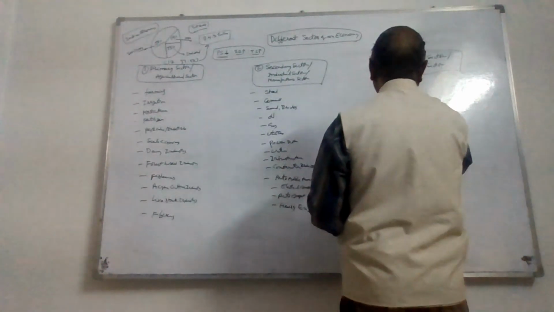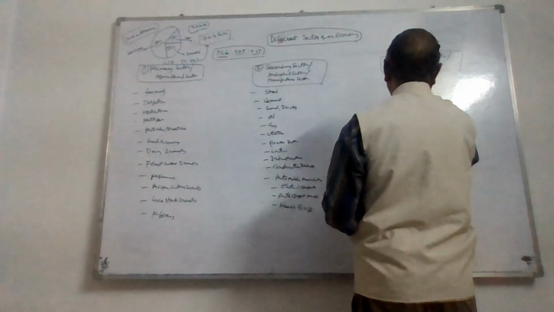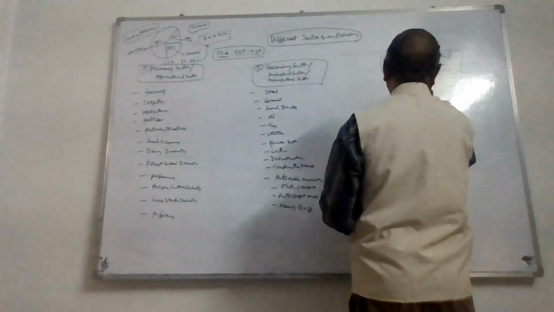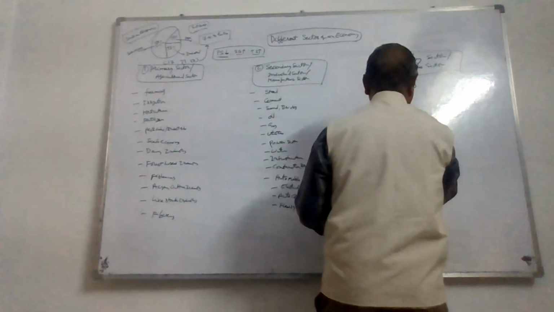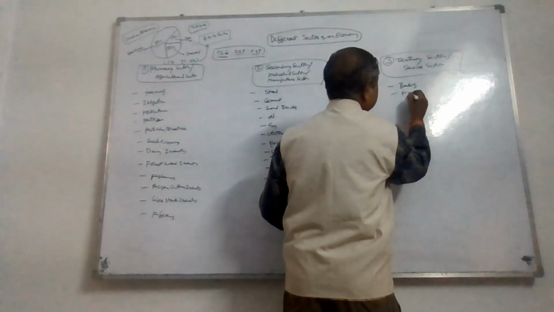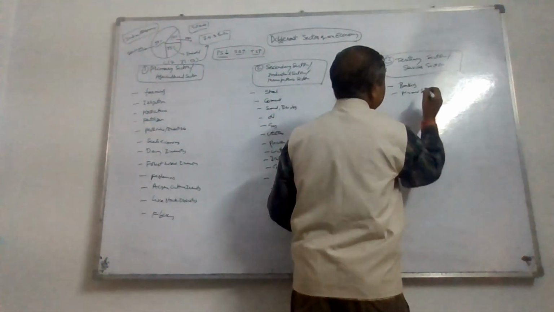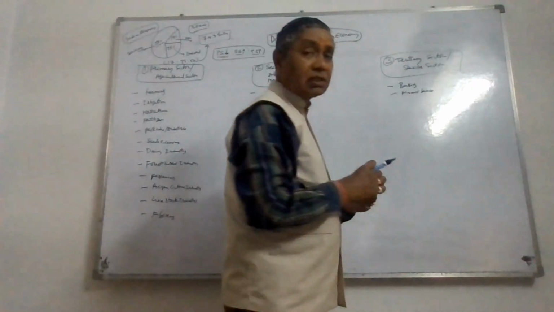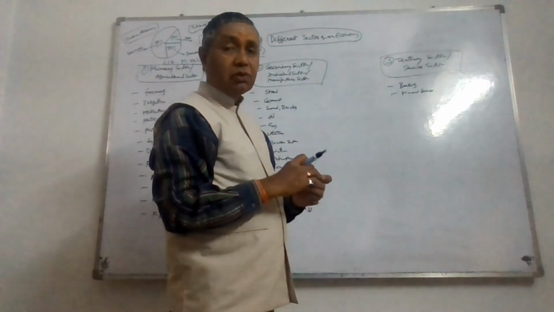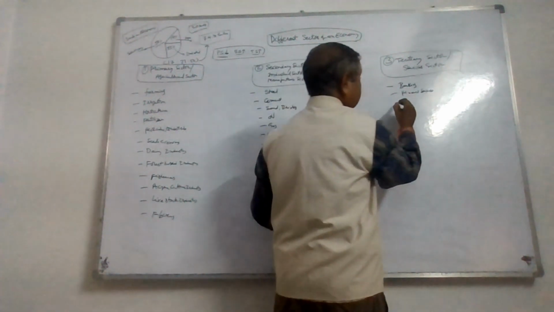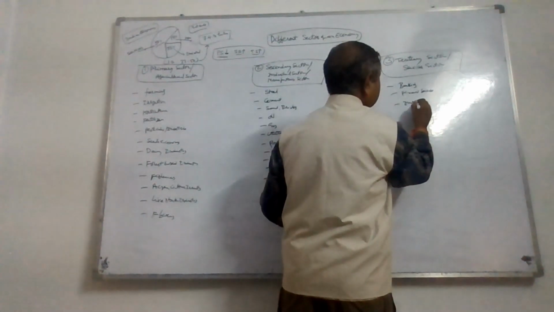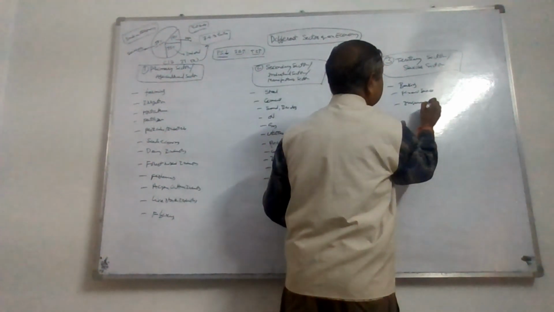In the services sector, first what comes to our mind? Banking sector is services. Next, financial services. Financial services means equity, mutual funds, all these services. Next comes insurance services.